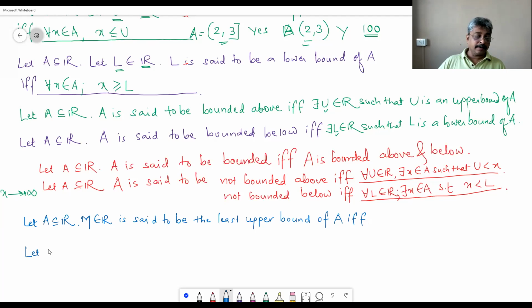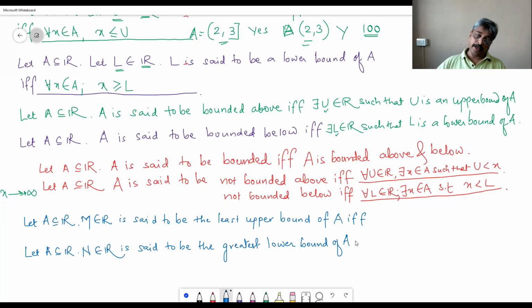Let A be a subset of R. N belonging to R is said to be the greatest lower bound of A if and only if.